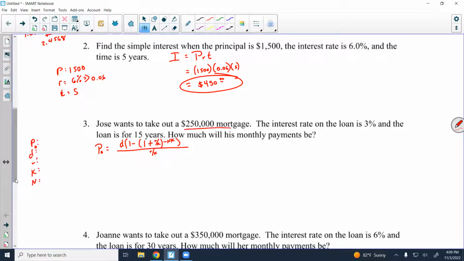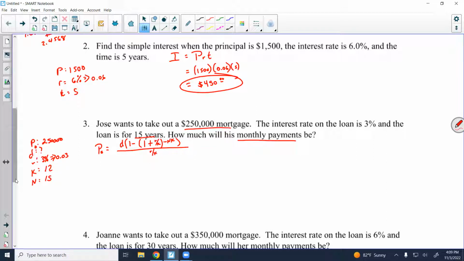P sub 0 is our mortgage amount of $250,000. D is what we're looking for. Our interest rate is 3%, which is 0.03 again. And we're talking monthly payments, so K is 12. And we're talking 15 years, so N is 15.